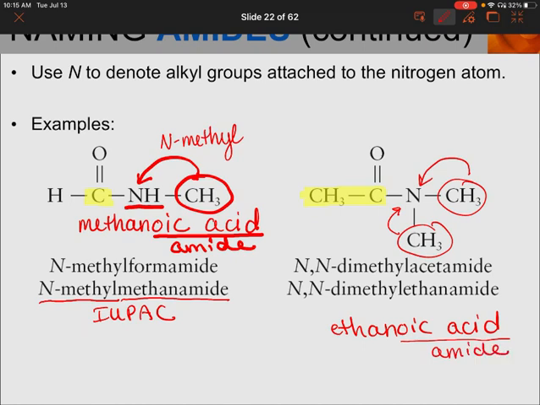So that becomes ethanamide. Then each of these methyl groups are attached to the nitrogen. So we're going to list N, N twice and separate them with a comma because again, we have to be redundant here. And then we're going to say dimethyl. So the full name is N,N-dimethyl ethanamide.